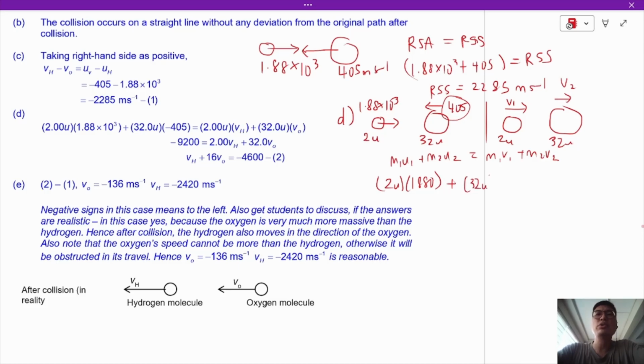Then we write 32u times negative 405 is equal to 2u v1 plus 32u v2. Okay, so then we can simplify the equation on the left to get v1 plus 16v2 is equal to negative 4600. Now this will be our equation number 1.